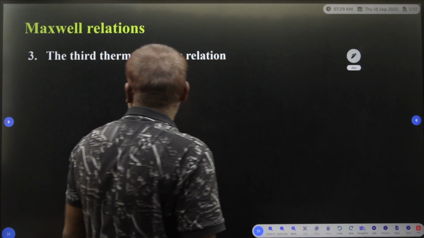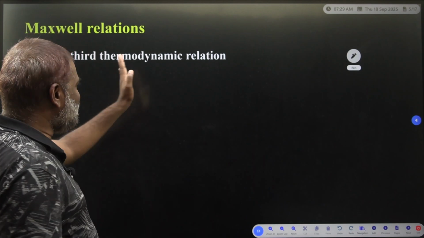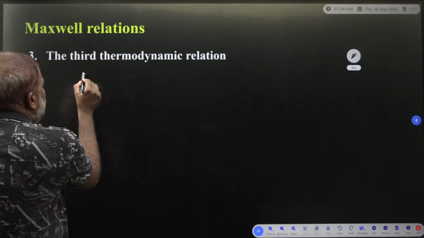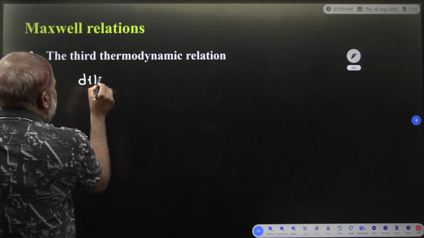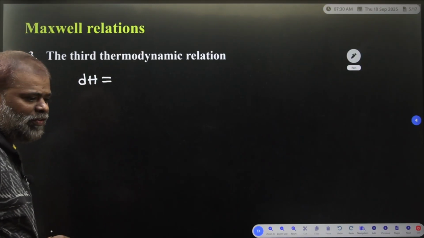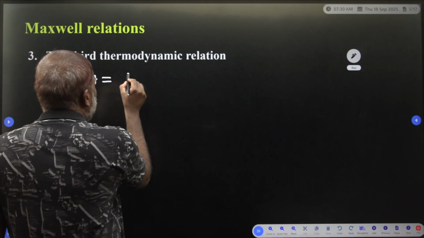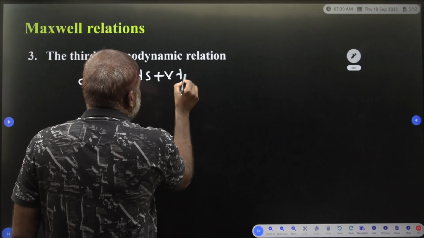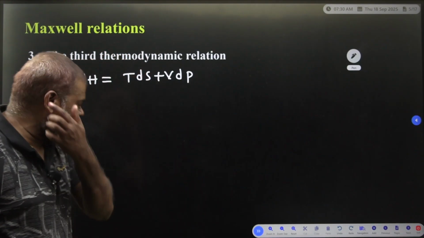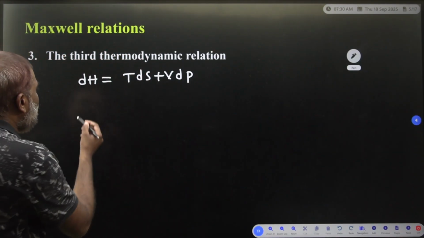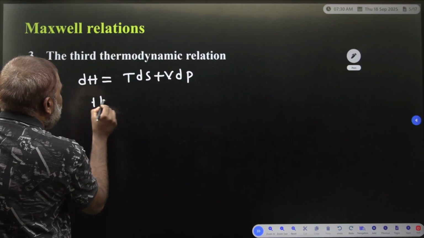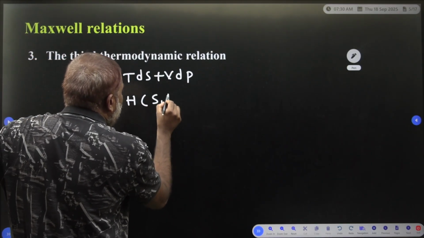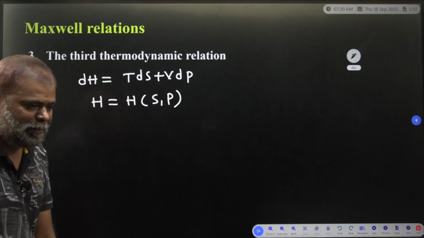So therefore one more thing you have to take, that is the third thermodynamic relation. The change in heat function, that is enthalpy, dH is equal to TdS plus VdP. You know that. So our enthalpy is a function of entropy and pressure.